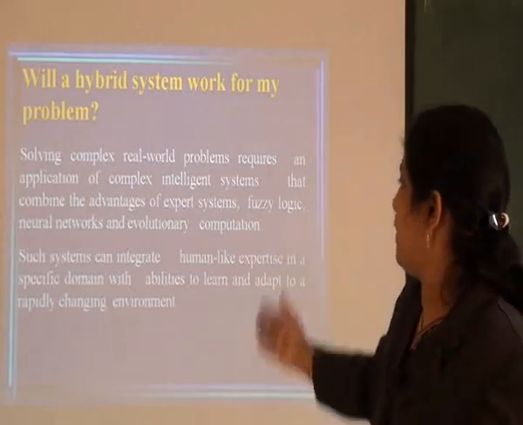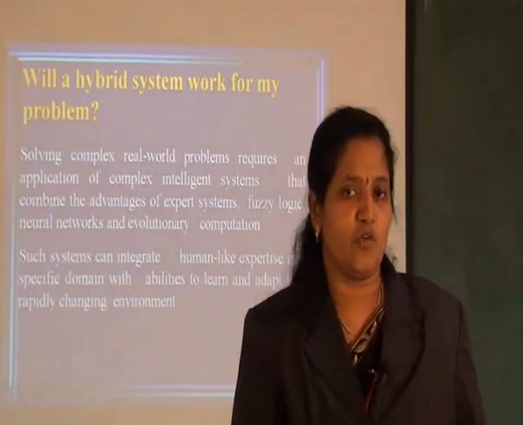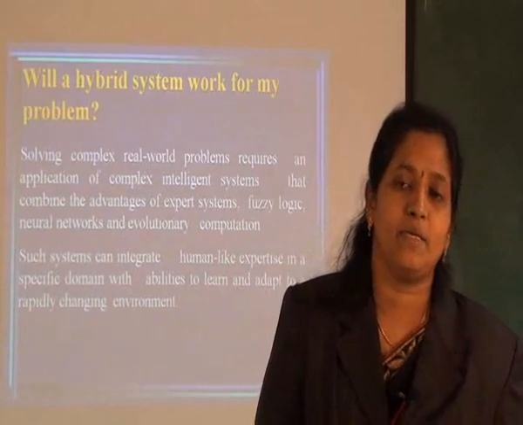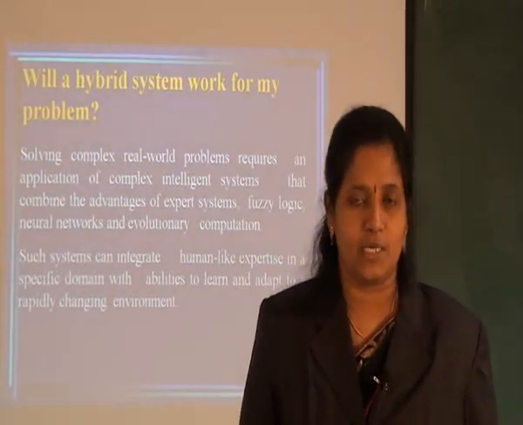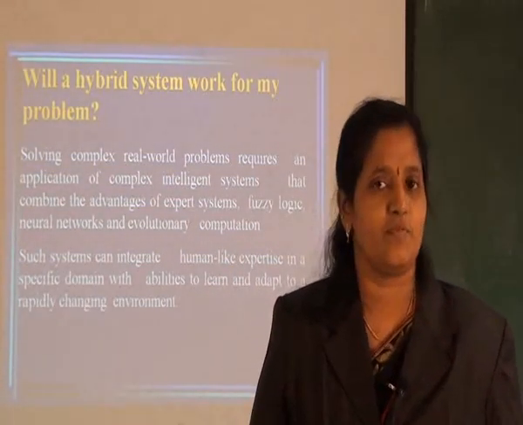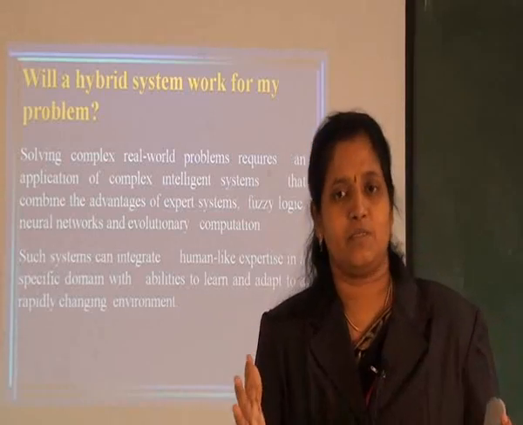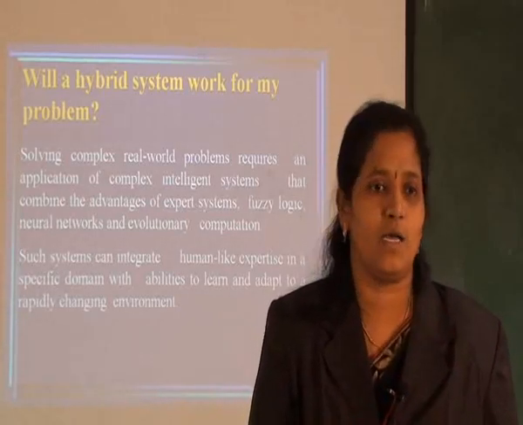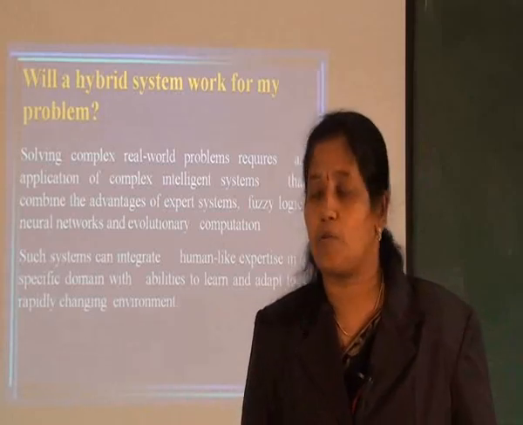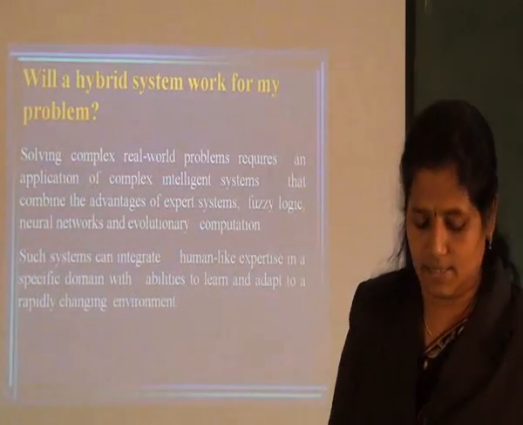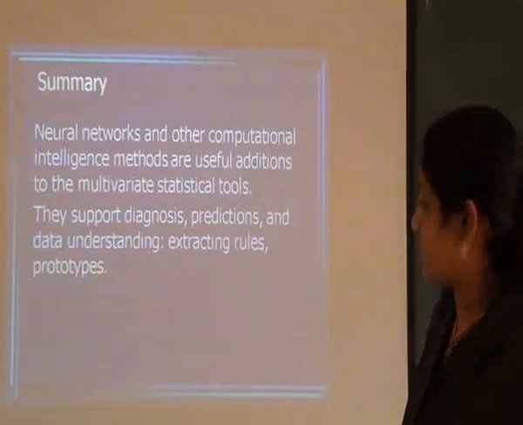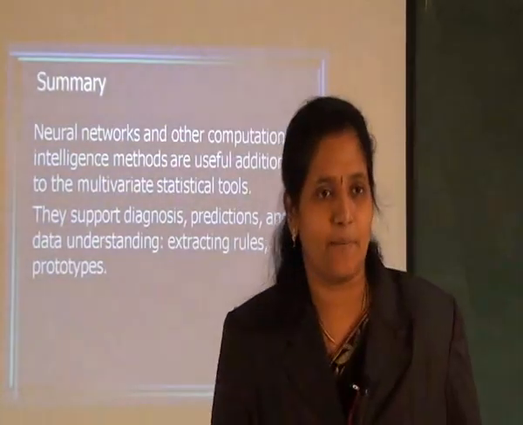It can be combined with fuzzy, as there are neuro-fuzzy systems, or it can be combined with the genetic algorithm, neurogenetic algorithms, or neurogenetic fuzzy. See, the purpose of this is to develop a model for diagnosis or prediction of any disease. Whatever we discussed is this example.